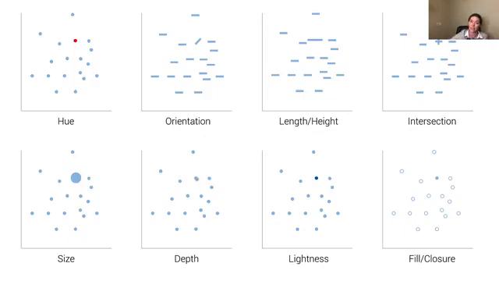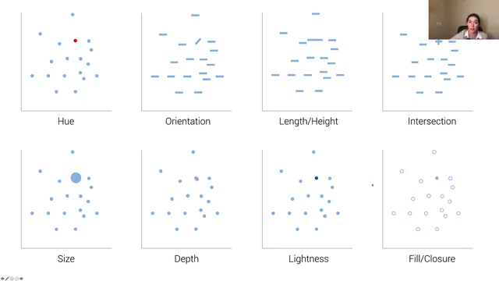And typically speaking, the right choice depends on the base design that you're working with. Can you change the hue, or does the hue change the meaning of the data? Or if there's a lot of variation in hue or it changes the meaning of the data, maybe you want to make points larger, or you may want to make them filled or unfilled. So choosing between these different representations is in large part a function of what your data is doing to begin with and what your visualization looks like to begin with.